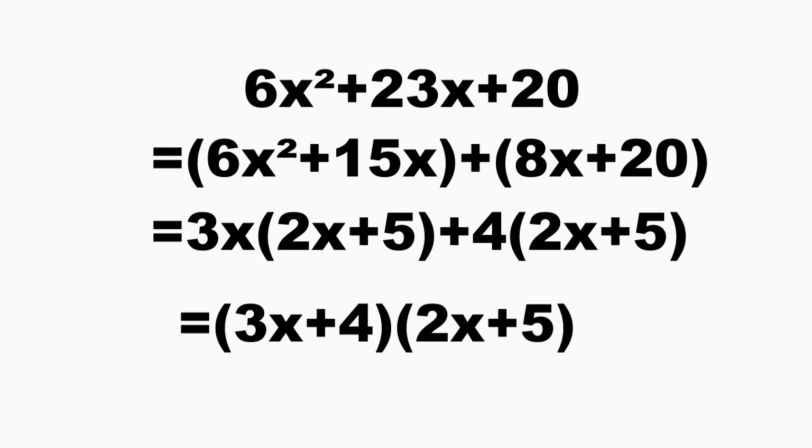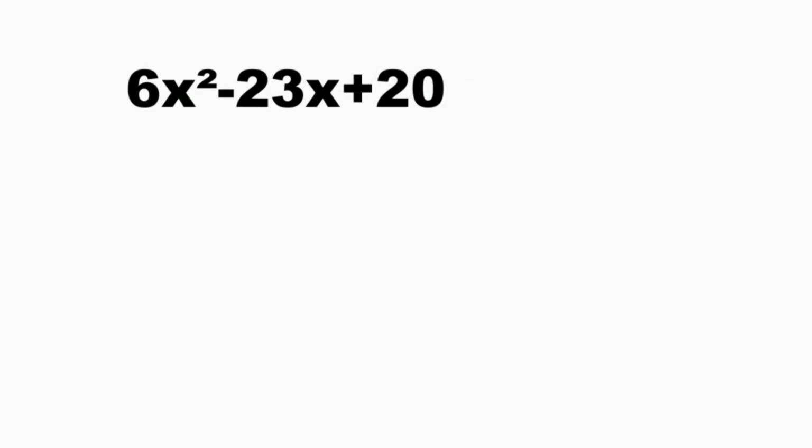And in case the middle term is negative, we have to multiply 6 and 20. The same, we have 120, but our middle term 23 is negative, so we can also use 15 and 8, but this time negative.